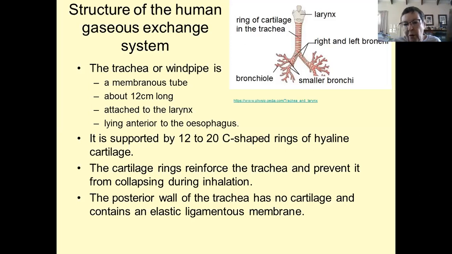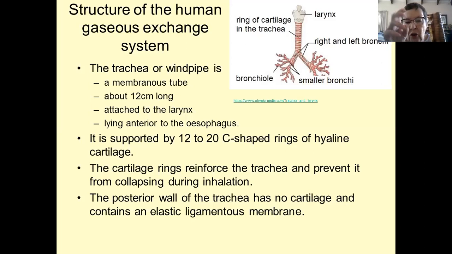or else air would not be able to pass through the trachea, either going to the lungs or back from the lungs. The function of the fact that they're not complete rings of cartilage is that it's to enable the esophagus, which remember lies behind this. So in the human, the esophagus lies directly behind this, it enables the esophagus to be able to expand.